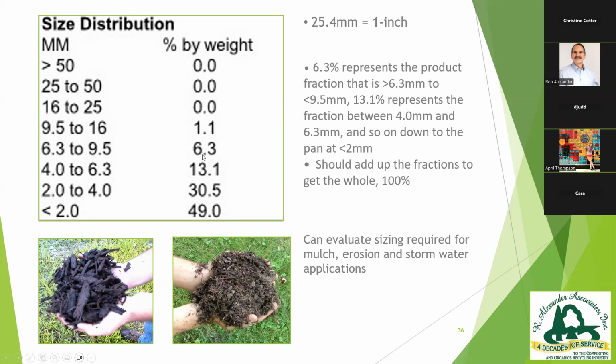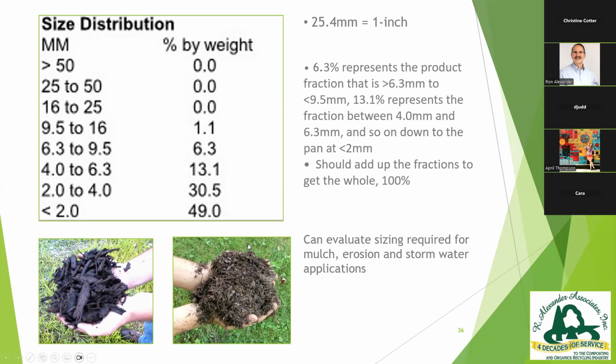For instance, the 6.3 over here represents the fraction that is over 6.3 millimeters, but under 9.5, and it goes down.